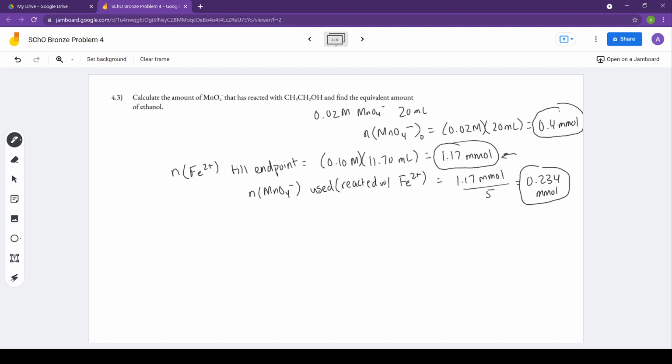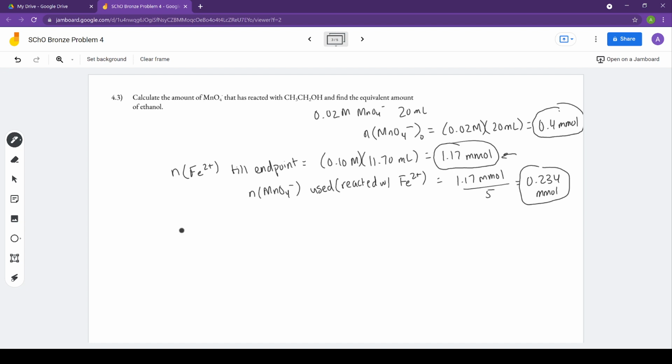So now we started with 0.4 millimoles, and we only used up 0.234 millimoles of permanganate when we were titrating. So where did the other amount of permanganate go? That went towards oxidizing the ethanol.